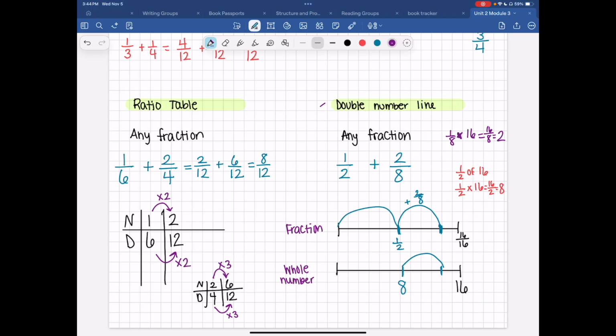So if 1/8 of 16 is 2, then 2/8 of 16 would be 4, because I have 2 of those. So it means I'm adding 4 right here. 8 plus 4 is 12, which means I get 12/16.